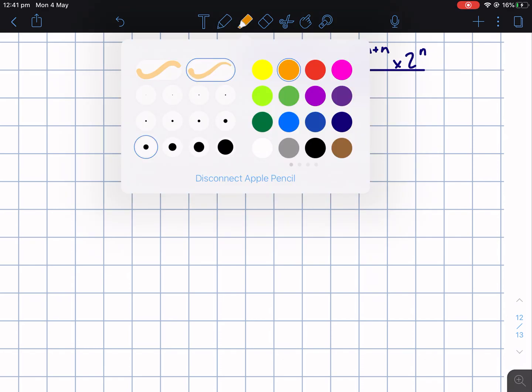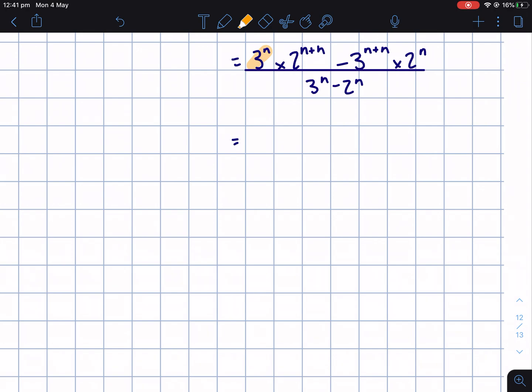Now what goes into both of these? 3 to the n does, 2 to the n does, which means I can take both of them out. 3 to the n times 2 to the n. On the first term, I'm still left with 1 times 2 to the n. And in the second term, I'm left with 3 to the n times 1.